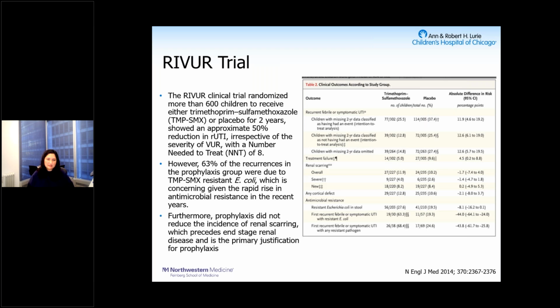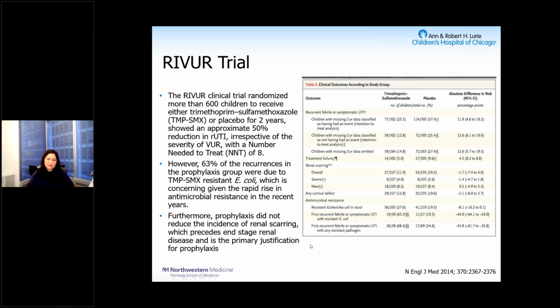I think that's one of the reasons why we have held back from using prophylaxis if there isn't a history of recurrent UTI or an anatomical reason, because I think the downsides of using prophylaxis are a lot higher than the benefit that somebody might get.